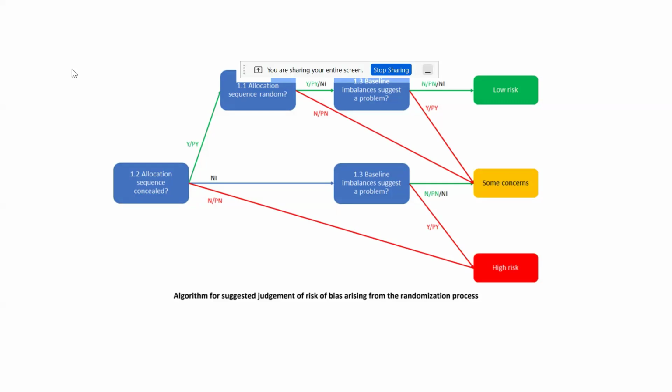This is different from blinding in the sense that blinding is done after the allocation has been done. Allocation sequence concealment is before the allocation of the participant into the intervention or the control groups. Therefore, the sealed envelope process is part of allocation sequence concealment.